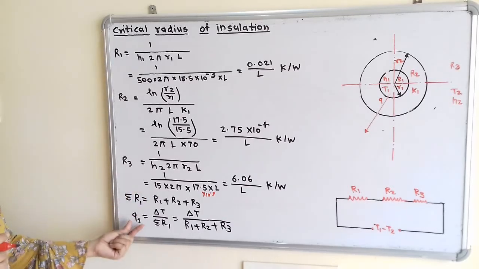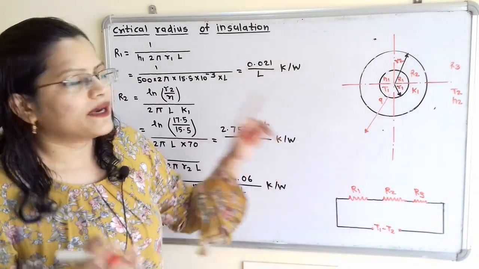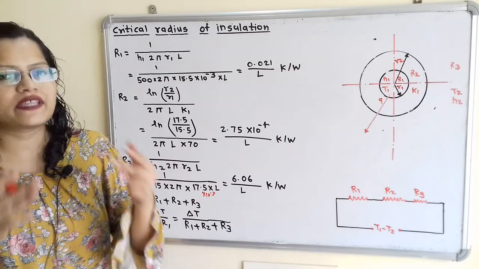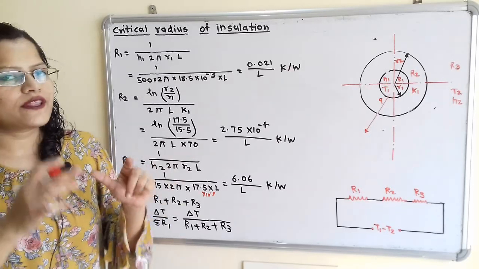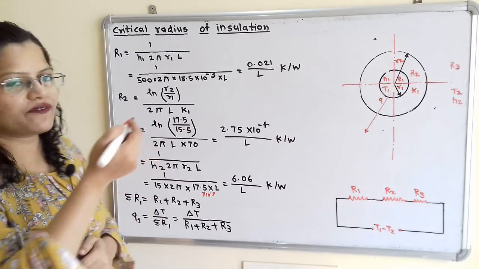Now we will calculate the heat flow, that is Q. But this is the case of a bare pipe, that is, the pipe without insulation. For this condition, pipe without insulation, we will consider the suffix 1.